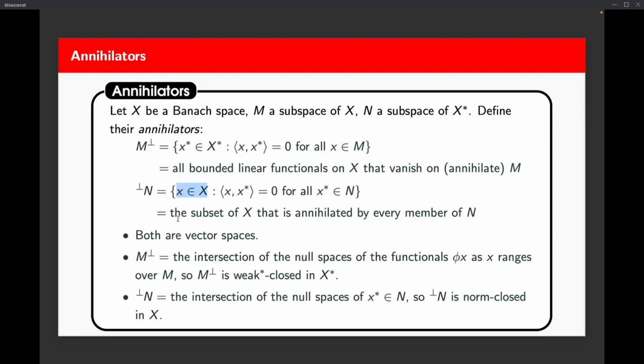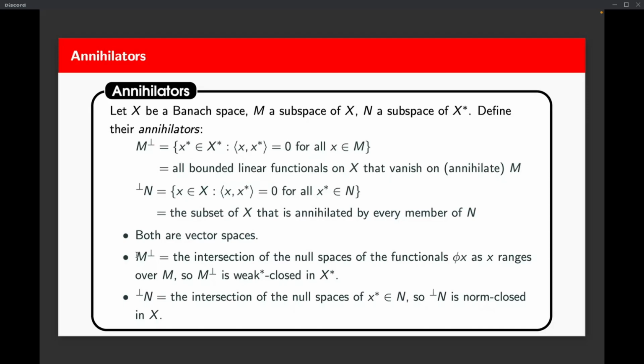This is the subset of X that gets annihilated by every member of N. Both of these are vector spaces, and I believe that's true regardless of whether M and N are even subspaces. Just any set, they're still going to give you subspaces.